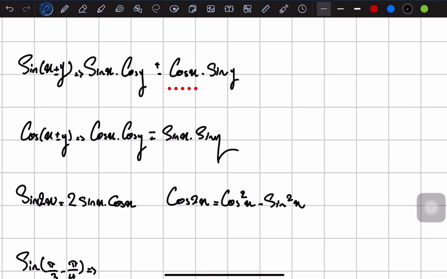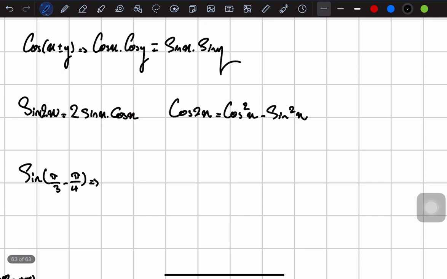We can't just say sine of pi over 3 minus sine of pi over 4. We have to use the formula to get the correct answer. So here, it's sine of pi over 3 times the cosine of pi over 4 minus cosine of pi over 3 times sine of pi over 4.